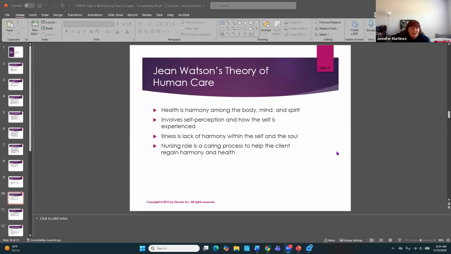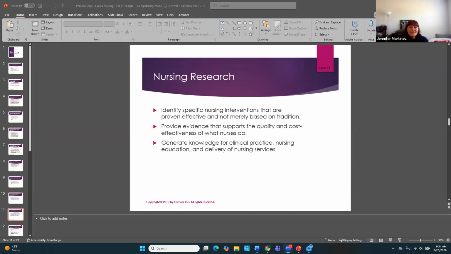Which brings us into nursing research. Research, and it doesn't matter whether it's nursing, whether it's in medicine, whatever, supports existing knowledge. It helps to develop new knowledge based on observation and experimentation. So again, you can pull that all the way back to Nightingale, when she was taking care of her soldiers during the Crimean War.